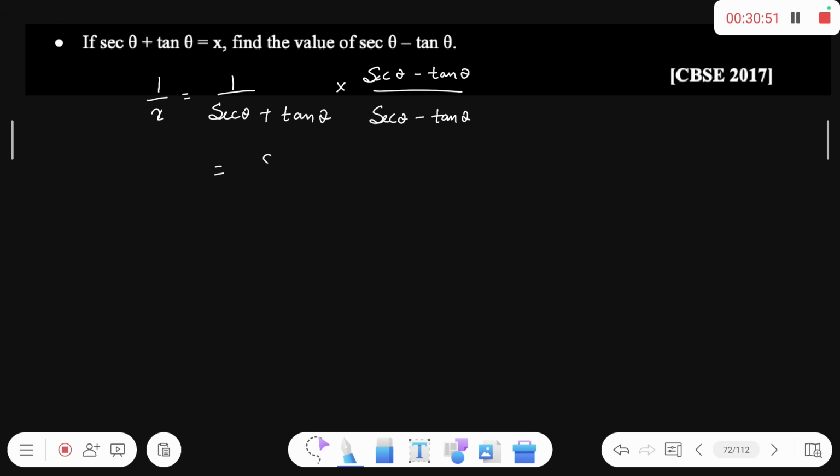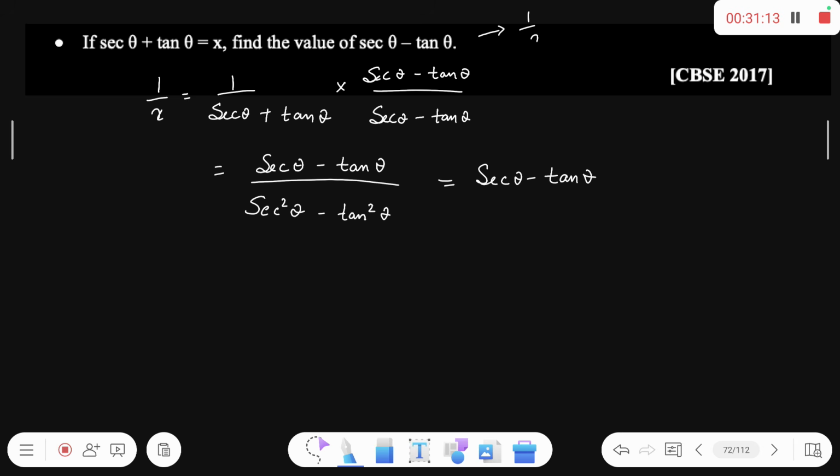This comes out to be sec theta minus tan theta upon sec square theta minus tan square theta. Sec square theta minus tan square theta is 1. So this comes out to be sec theta minus tan theta. So 1 by x is the value of sec theta minus tan theta.